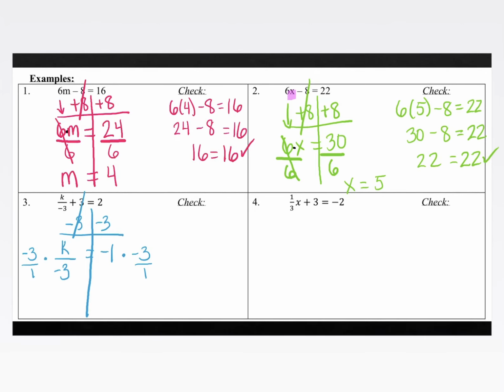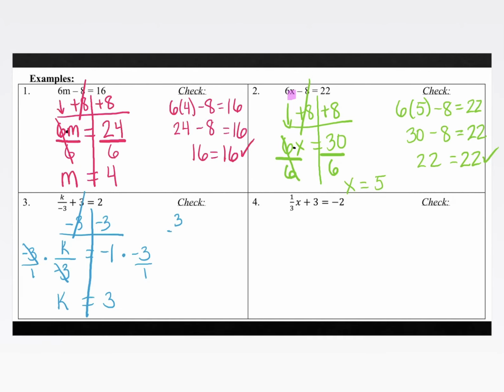Multiplying and simplifying, we have a negative 3 in the numerator and a negative 3 in the denominator. So we'll really just end up with k over 1, or k after we simplify. On the right-hand side, we have negative 1 times negative 3 over 1. A negative times a negative gives us a positive. So k equals 3. Now let's plug it back in to check.